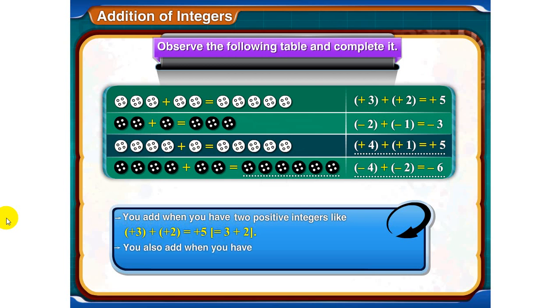You also add when you have 2 negative integers, but the answer will take a minus sign like -2 plus -1, that is equal to -(2 plus 1), which is equal to -3.